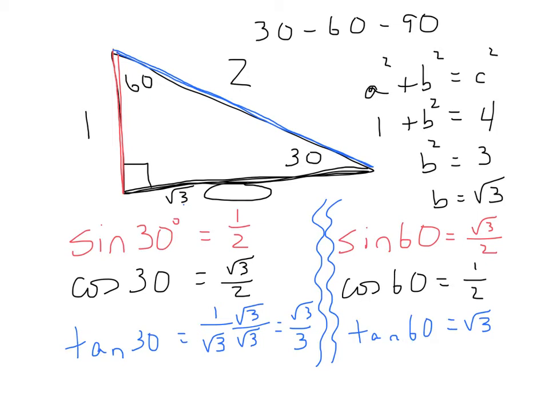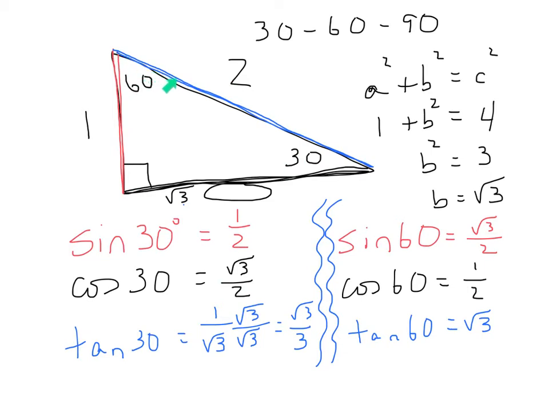Okay, now it is not coincidence that the cosine of 30 is the same as the sine of 60, and the sine of 30 is the same as the cosine of 60. If you think about the fact that these are complementary angles, because in a right triangle these are going to add up to 90, then the side opposite the 30 is going to be the side adjacent to the 60.